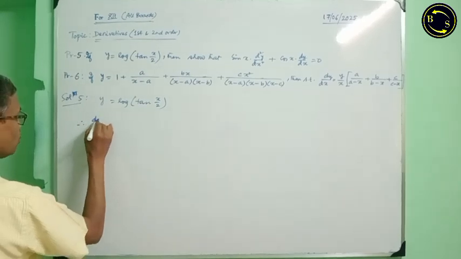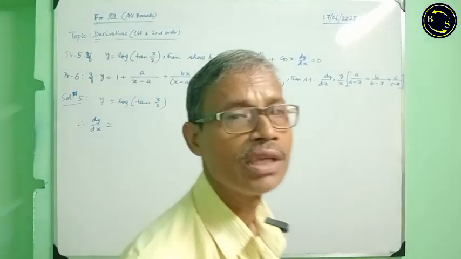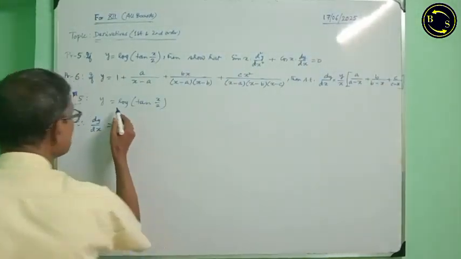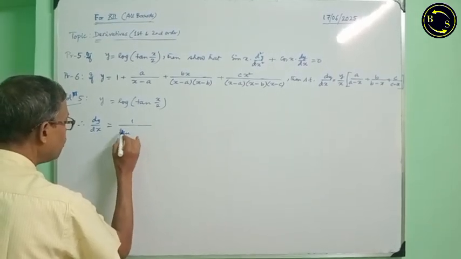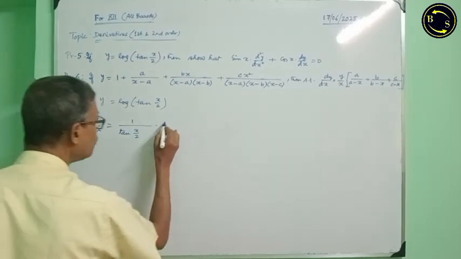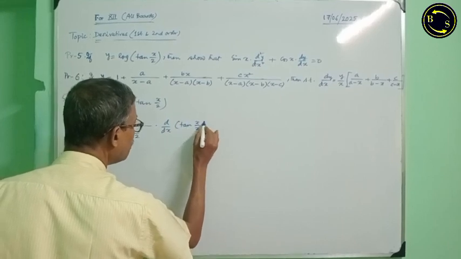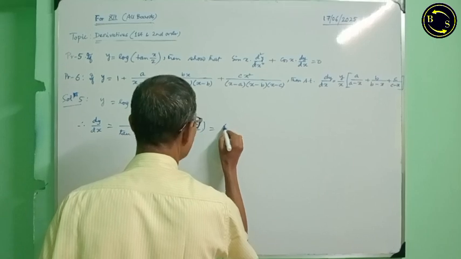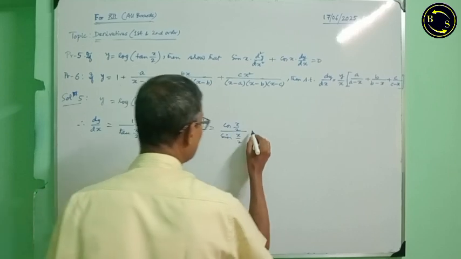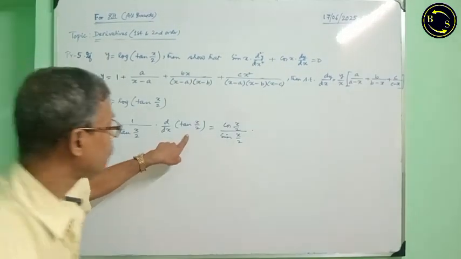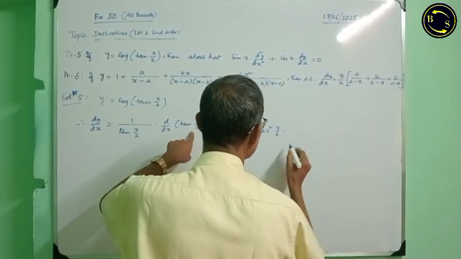Therefore, differentiating with respect to x, dy by dx equal to, this is log form, log of u, that means 1 by u into du by dx, cos x by 2 by sin x by 2 into tan u form sec square x by 2 into derivative of x by 2, half.